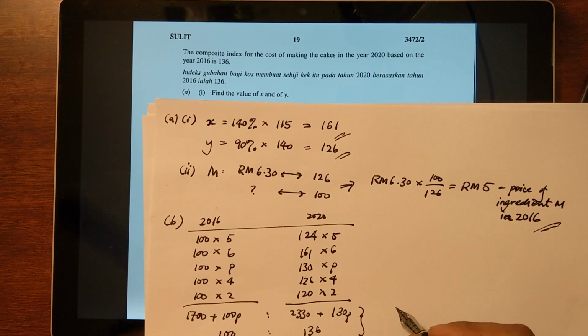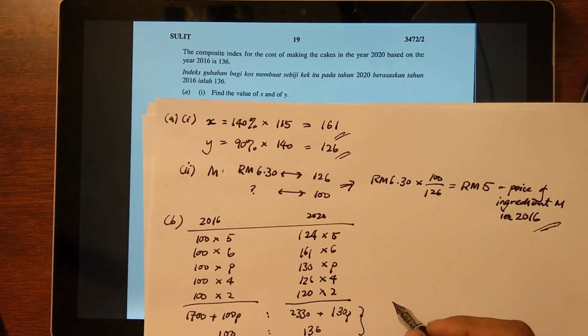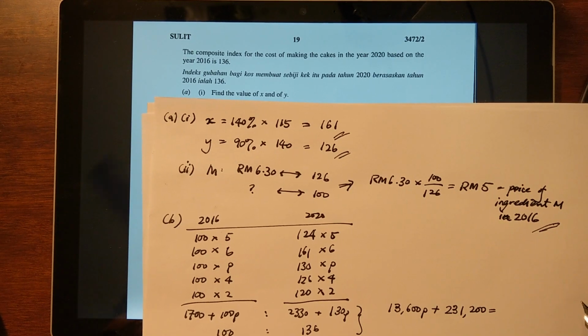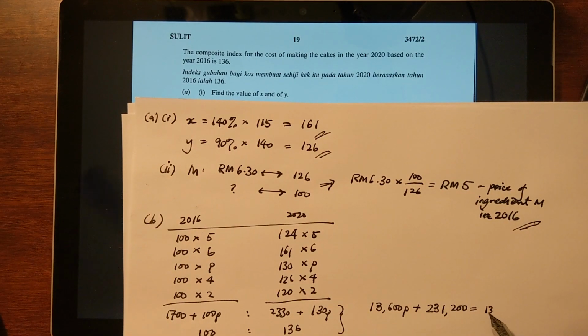and you'll get a simple equation of 13600p plus 31,200 is equal to 13,000p plus 233,000.